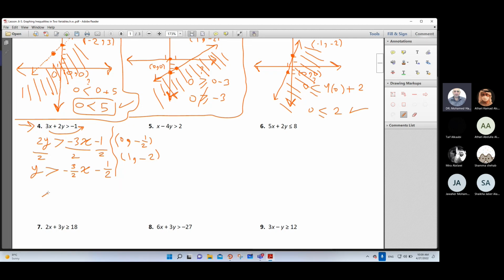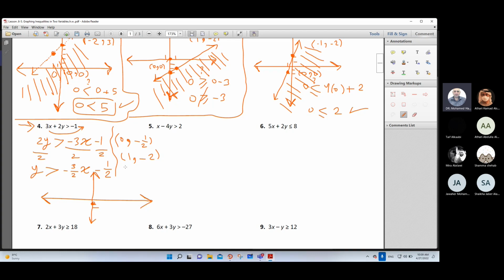Then we can graph. Zero, negative half. And look, this is negative 1, this is negative half, 0, negative half will be here.